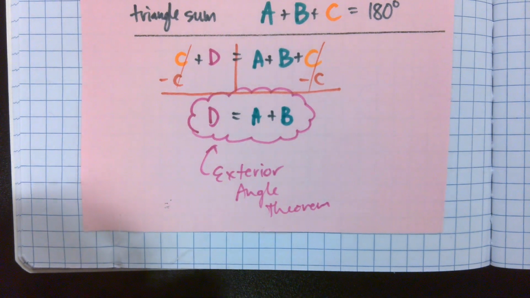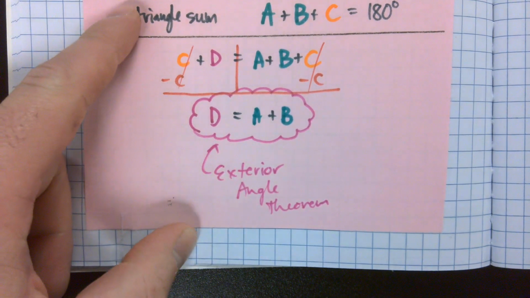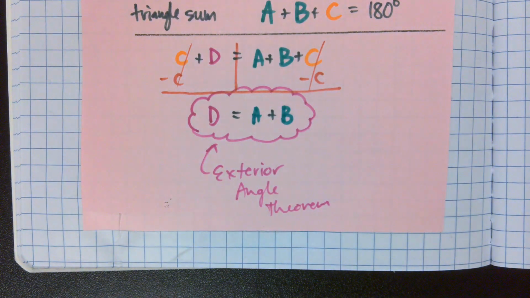We'll see what that looks like in a second, but make sure you got that down so that you know you have it. D equals A plus B, where D is the exterior angle and A and B are our faraway angles.